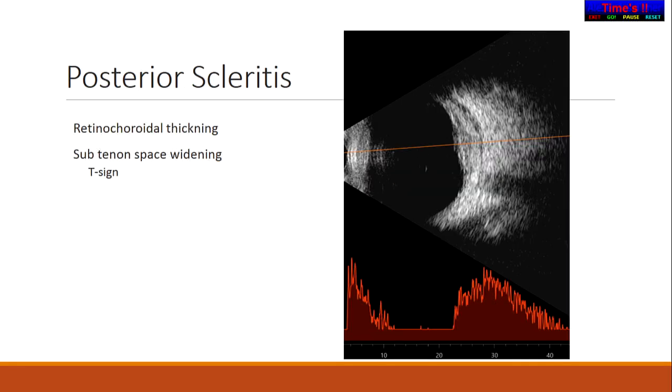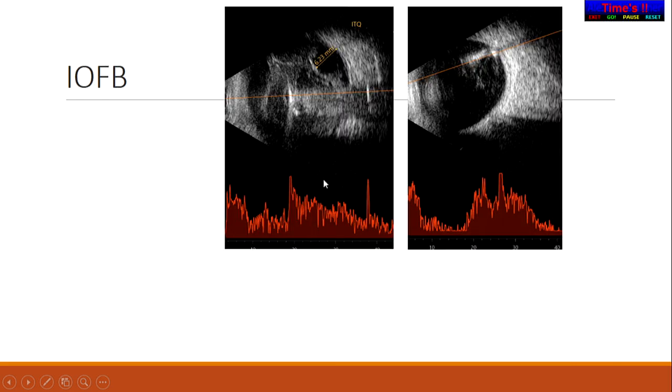And in posterior scleritis, there is thickening of the choroid as well as sclera, and the subtenon space is expanded. This is a T sign. And in the intraocular foreign body, you can see there is a high reflectivity of a metallic foreign body in these two.